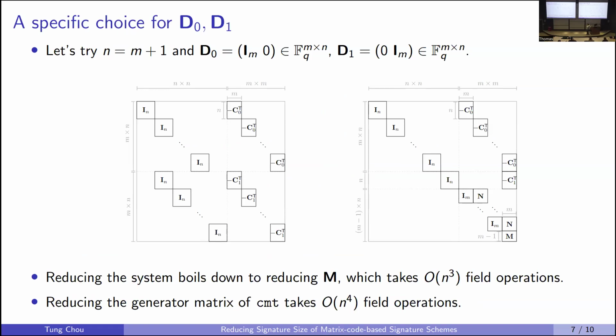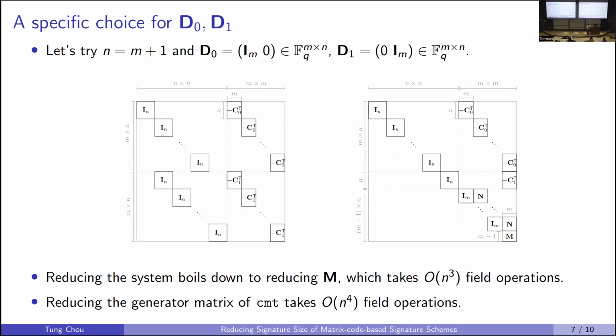Actually, in our paper, we show that if you take D0 and D1 in a clever way, then the cost is not too much. For example, if you consider m is equal to n plus 1, and you have a D0, which is the identity matrix concatenated with a 0 column, and D1 is a 0 column concatenated with the identity matrix.